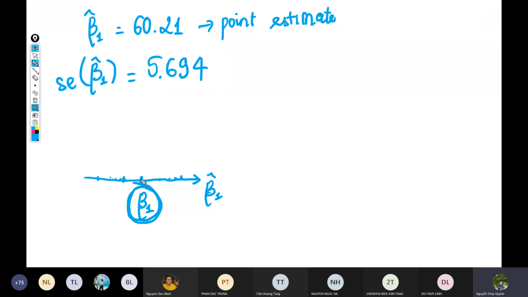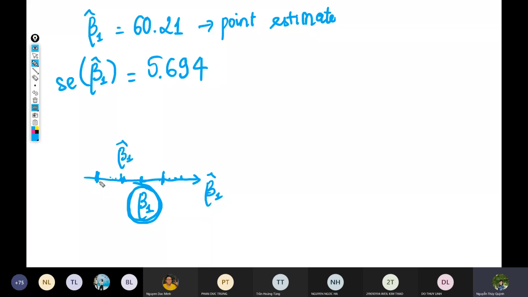In order to understand more about the actual value of beta 1, we usually use the standard error of beta 1 hat. We open a range around beta 1 hat, the value that we found from the sample data.